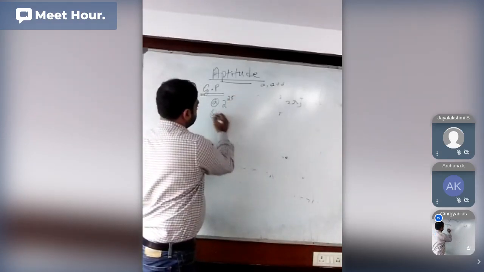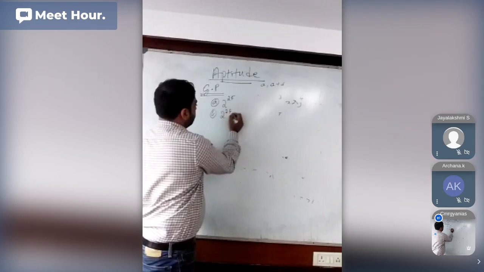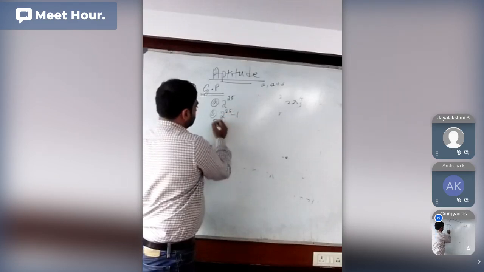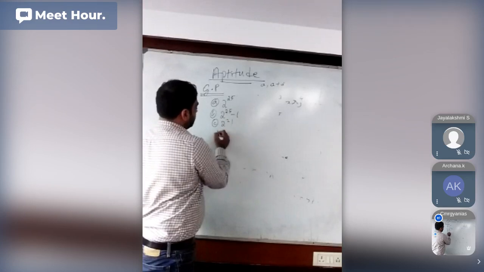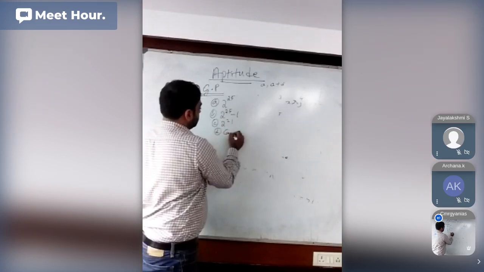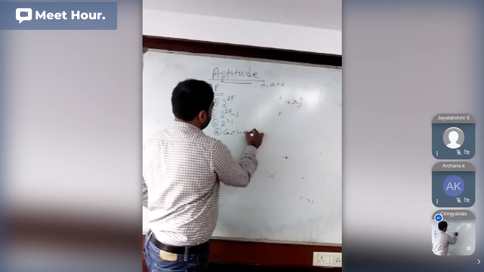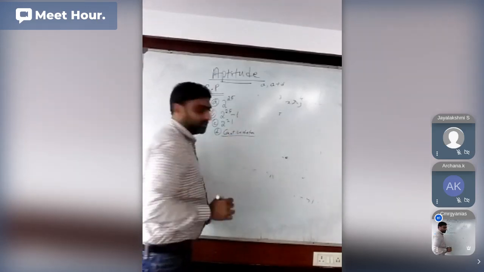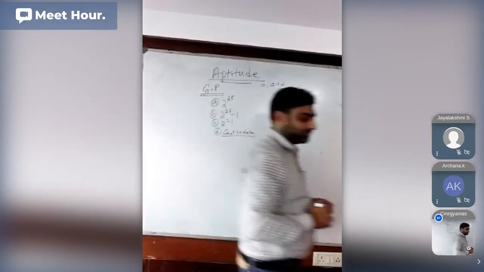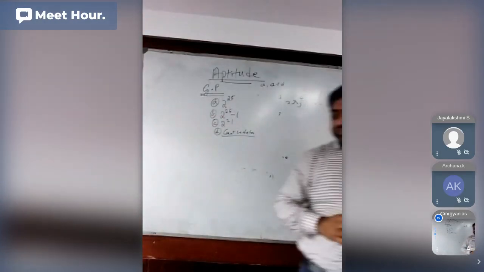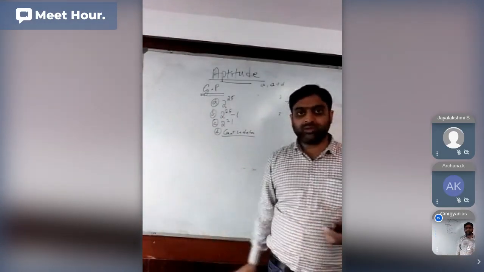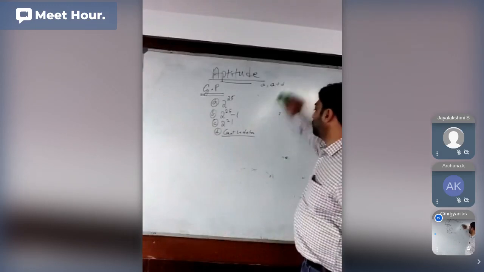Second, 2 to the power 25 minus 1. Third, 2 to the power 21, and the fifth option, can't be determined. These are the four options that were given by the TNPSC board.